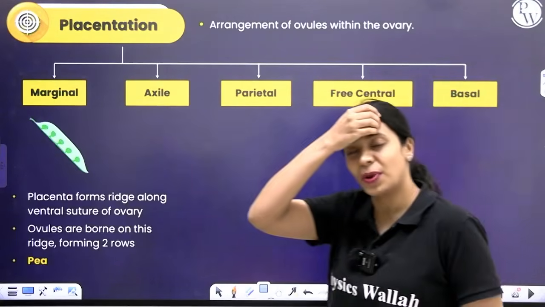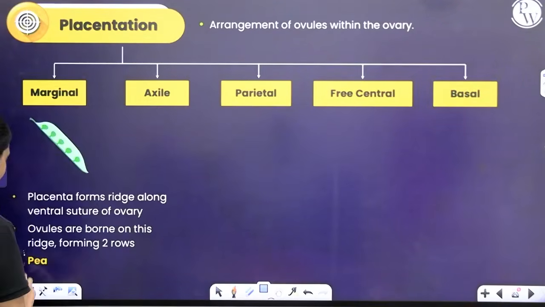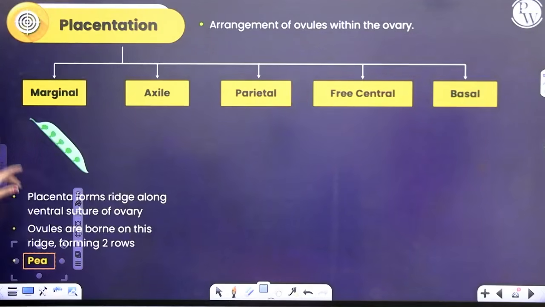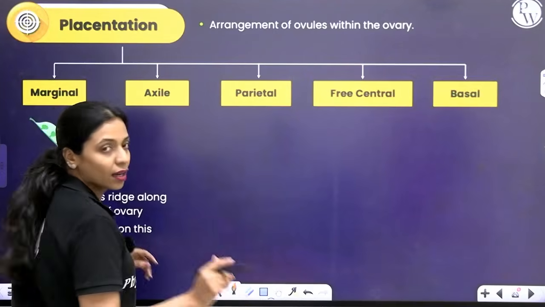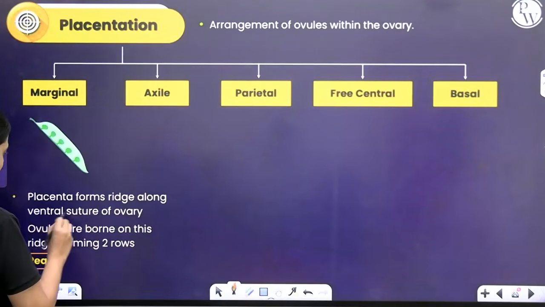Starting with marginal placentation. Marginal placentation you may have seen in peas. If you've ever used or helped your mother in cooking, you would have noticed how the pea seeds are arranged in a pea pod. Here in marginal placentation, the placenta is present on the ventral side.